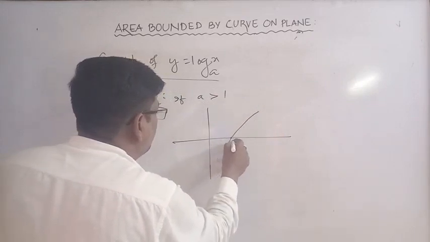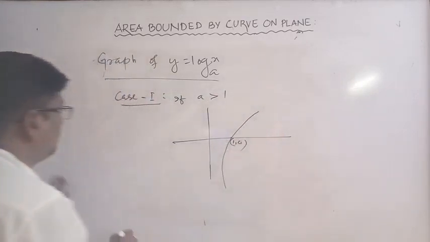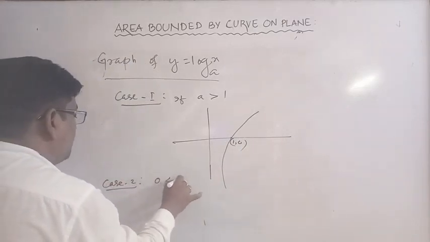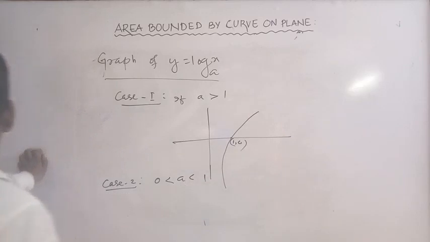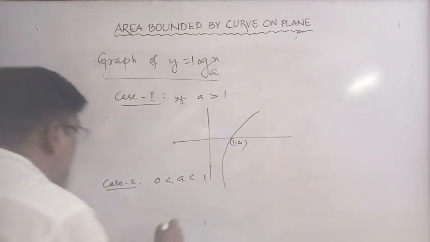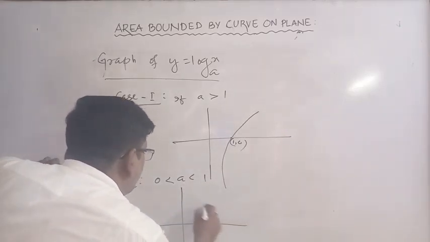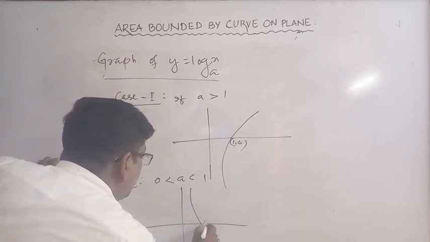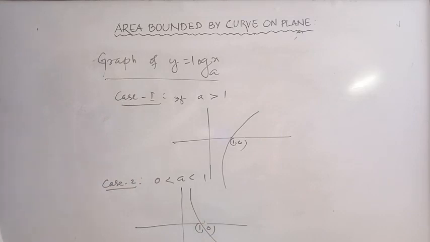This is 1, 0. Case 2, 0 less than a less than 1, the graph is like this. This is 1, 0. Okay.